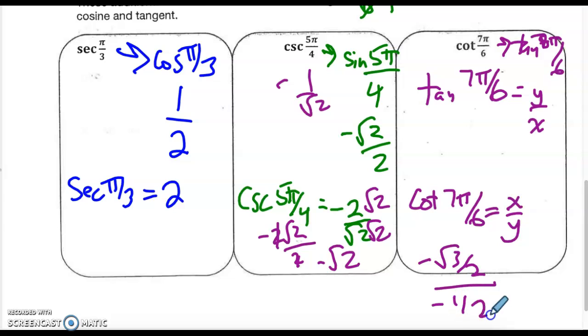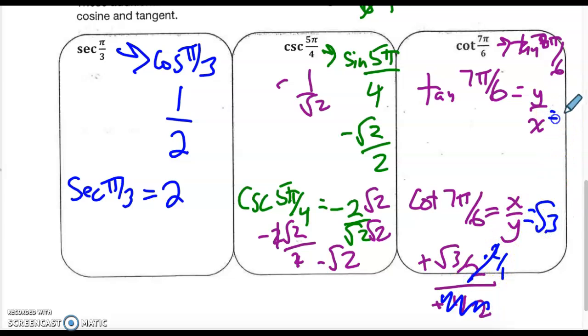Y was negative 1/2. Two negatives make a positive, and then the 2's in my denominator are going to cancel. Or if you think about it, dividing by 1/2 is the same as multiplying by 2 over 1, and the 2's cancel, so this equals rad 3.